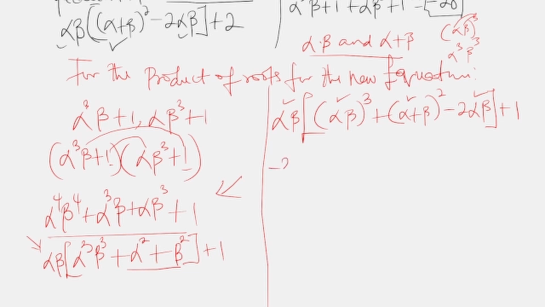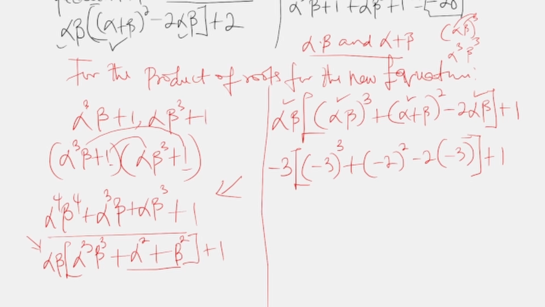Here we have a -3, and inside the bracket, we have the sum, the product again, which is -3. Now this one has to be cubed, plus here we have our sum, which is -2. We square it, minus 2, and what's our product again? -3. And then outside the bracket we have a +1.